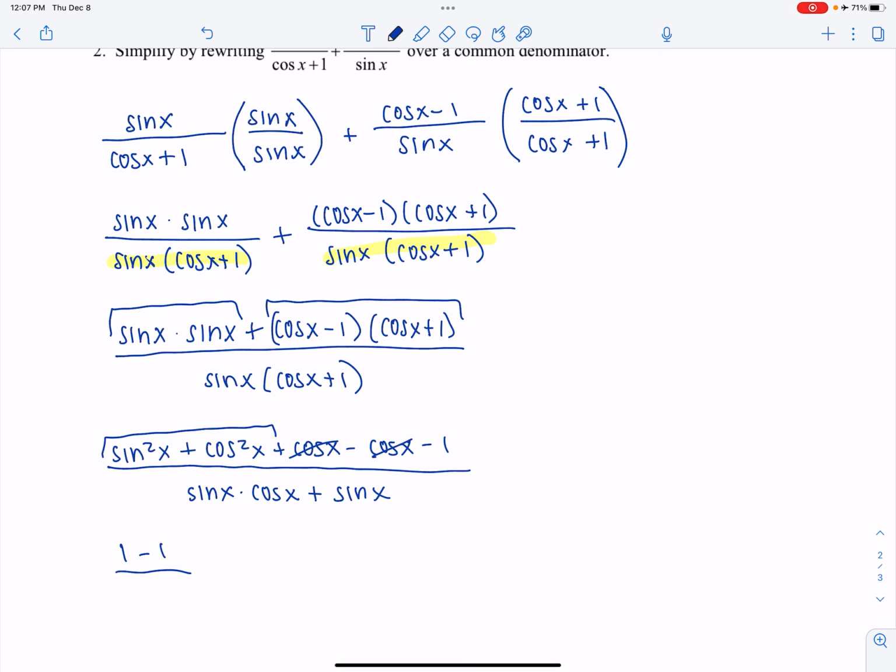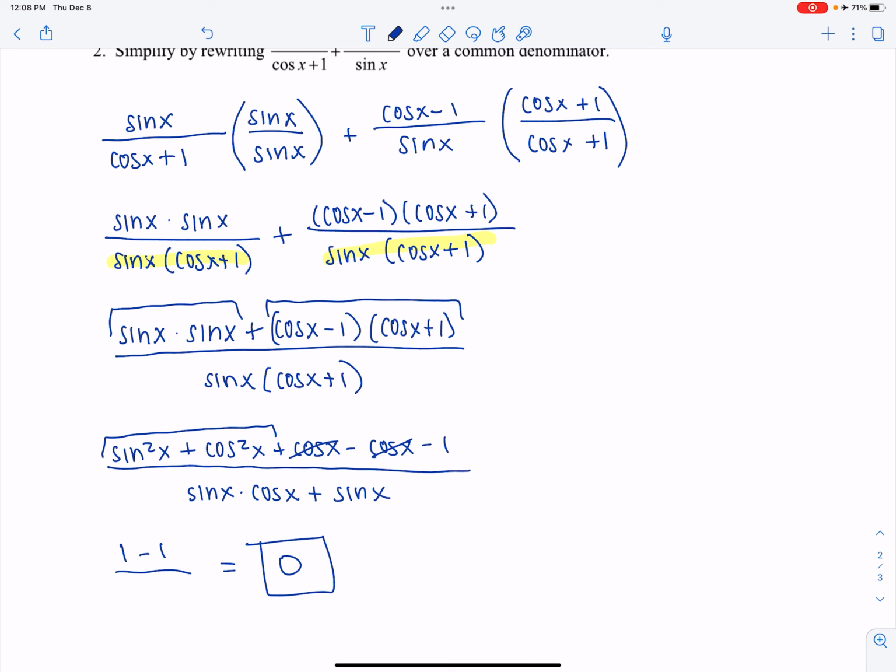And then we have the bottom, which really doesn't matter because on the top we have 1 minus 1, which is 0. So the denominator, 0 divided by anything is going to give us 0. So that expression is equal to 0.